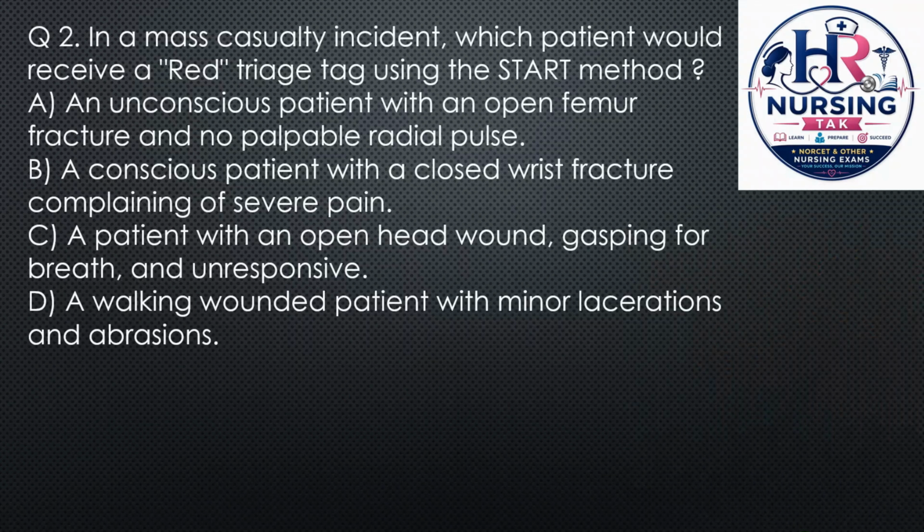Question 2. In a mass casualty incident, which patient would receive a red triage tag using the START method? A. An unconscious patient with an open femur fracture and no palpable radial pulse. B. A conscious patient with a closed wrist fracture complaining of severe pain. C. A patient with an open head wound, gasping for breath, and unresponsive. D. A walking wounded patient with minor lacerations and abrasions.